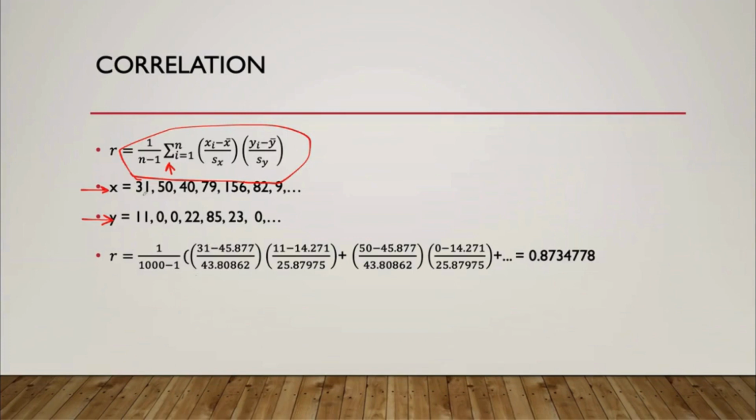Our first observation had 31 at bats, and the mean was 45.877. Our first observation had 11 hits, I'm pretty sure. So 11 hits, and our mean was 14.271. So 1 over 1,000 minus 1, and then we have a parentheses here.